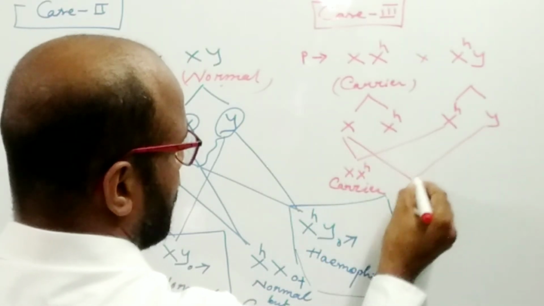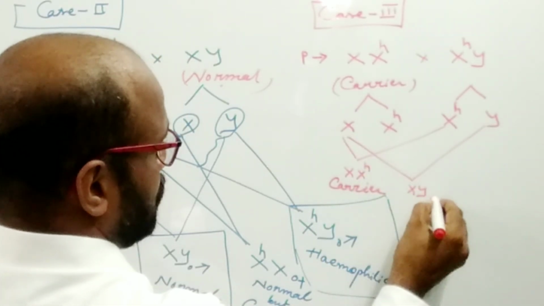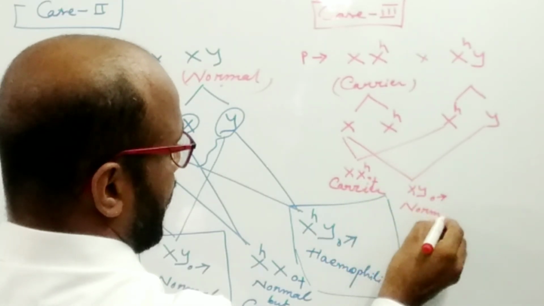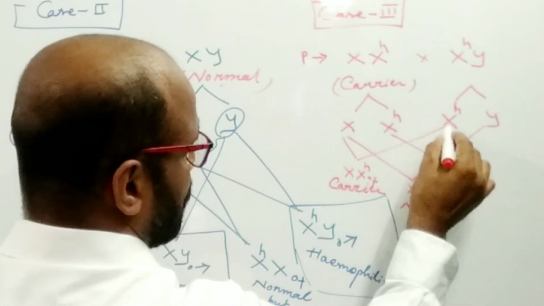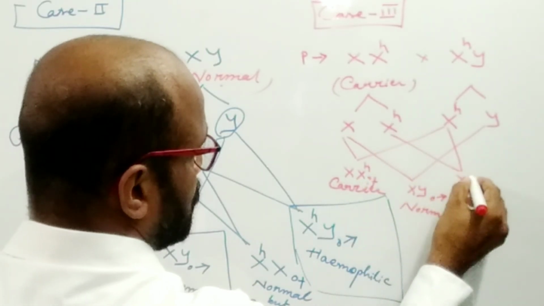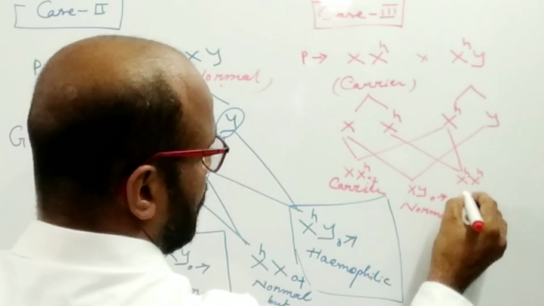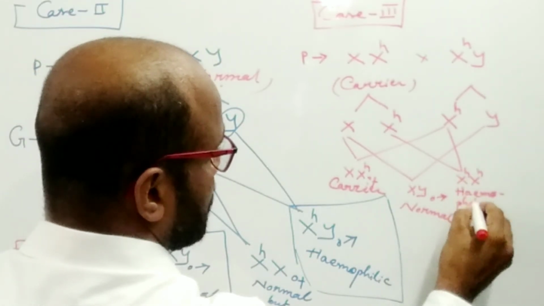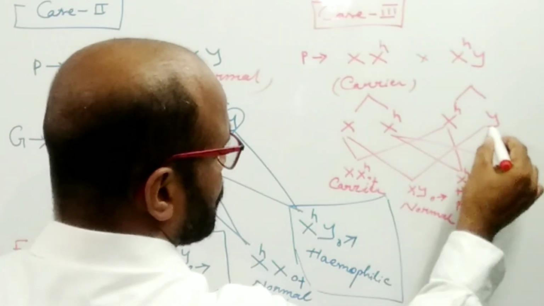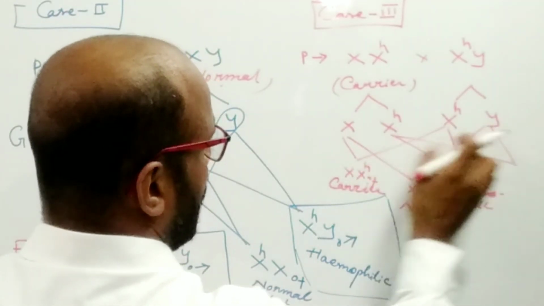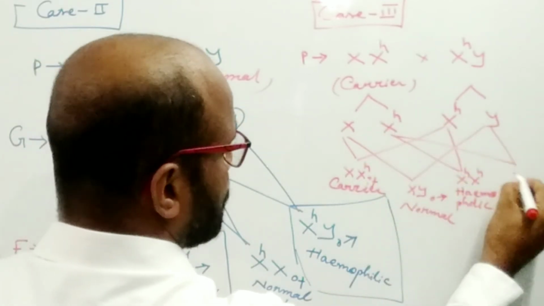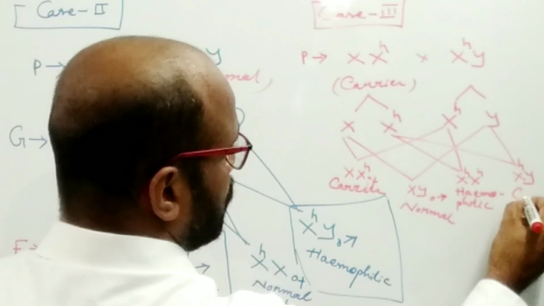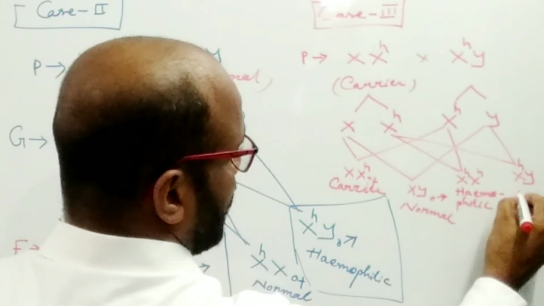If the fusion takes place here, then the male individual is normal, there is no defective gene. If the fusion takes place between these two eggs, then the female will be hemophilic, and if the fusion takes place here, then this has the defective gene and will be hemophilic.